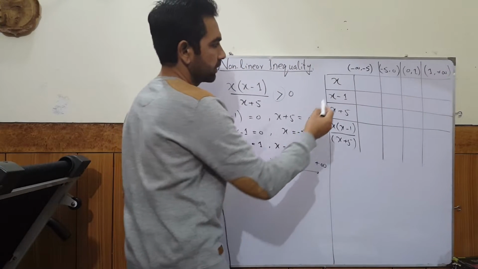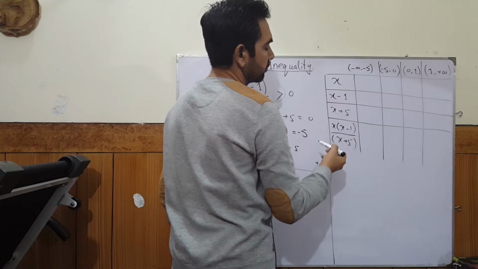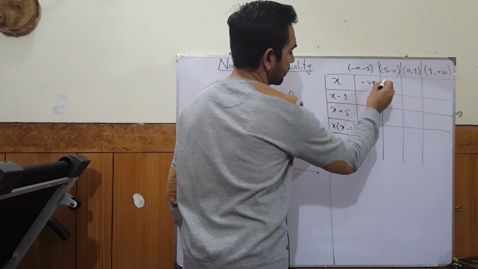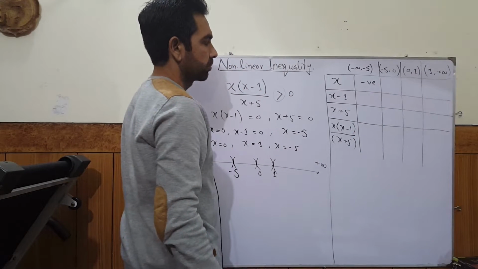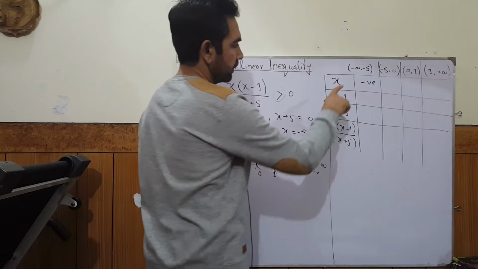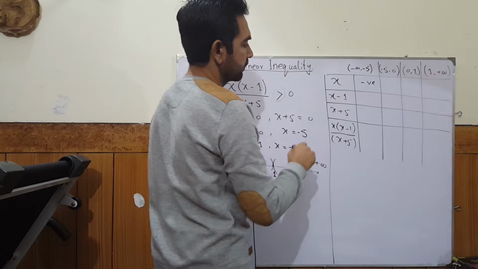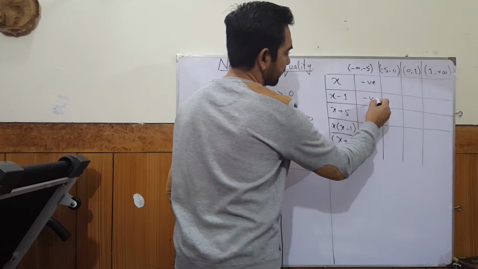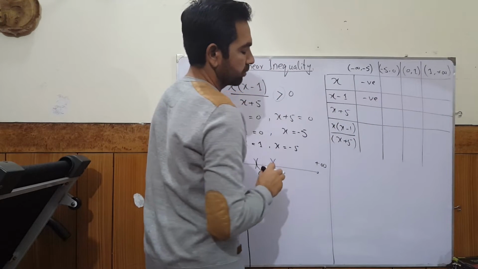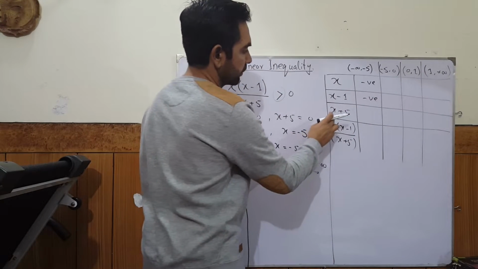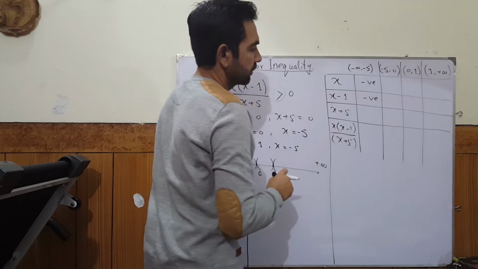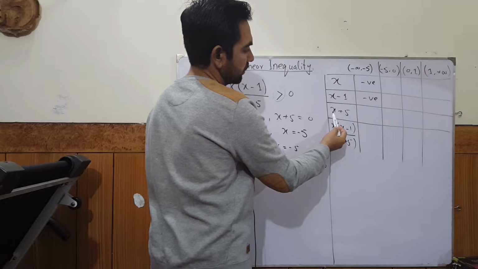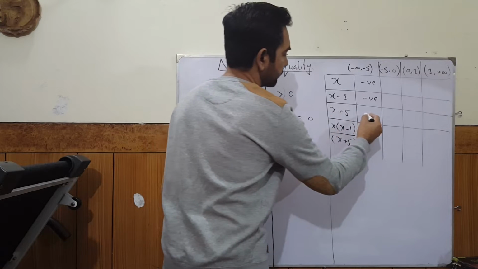So if I take anything from minus infinity to minus 5, that would give me something negative, right? If I put it here, that would give me a negative. Minus 5 minus 1 gives me minus 6. If I put minus 6, that gives me negative.